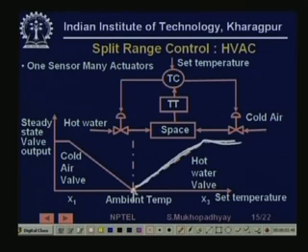Similarly, when the set temperature is below ambient temperature, then the cold water valve characteristic will be followed and that will rise. So the overall control input characteristic is like this over the two ranges, and in this range you operate the cold water valve, and in this range you operate the hot water valve. So this is the standard HVAC control of spaces.